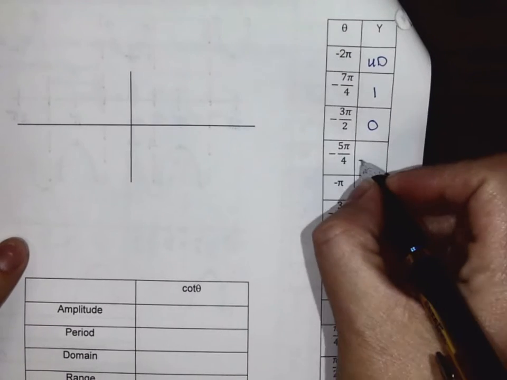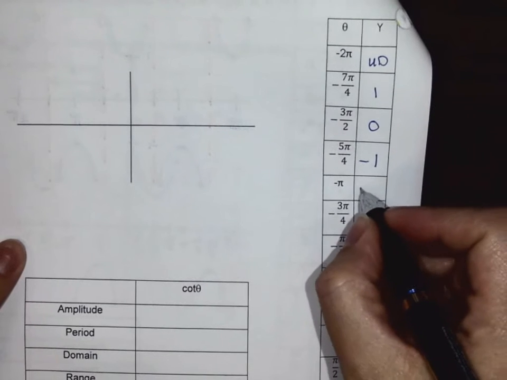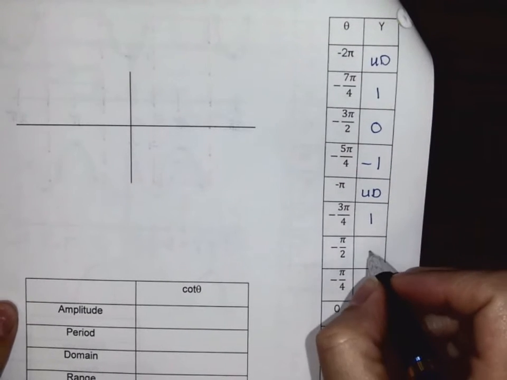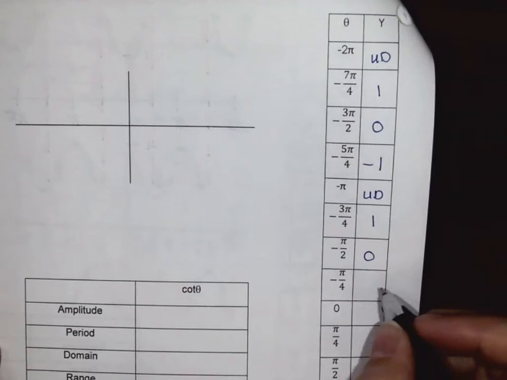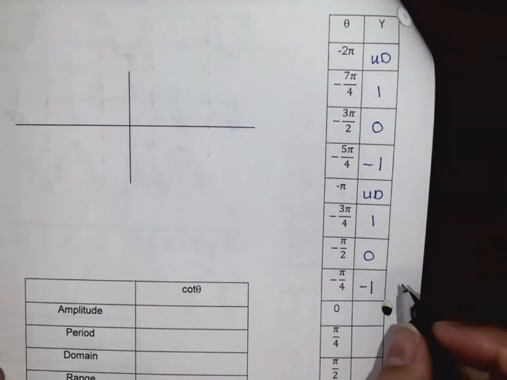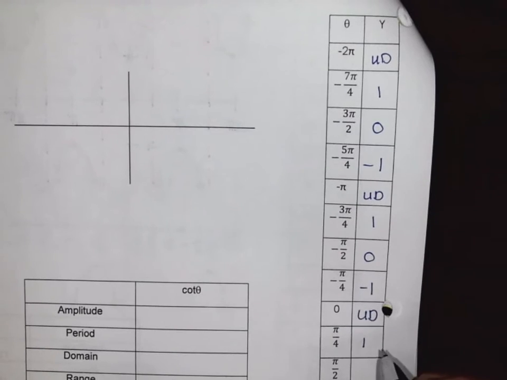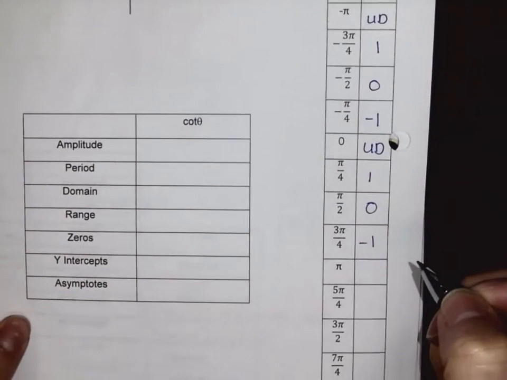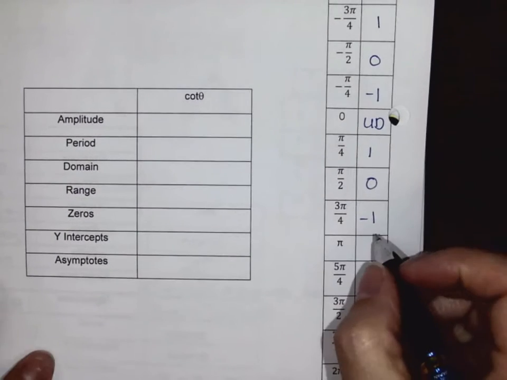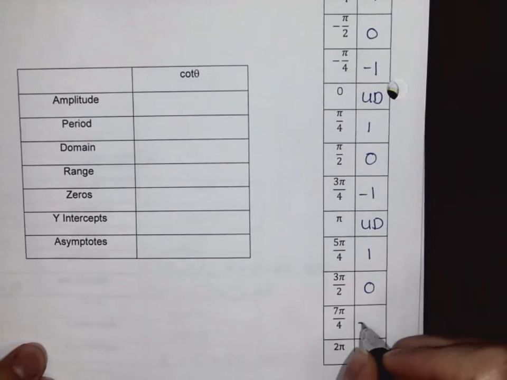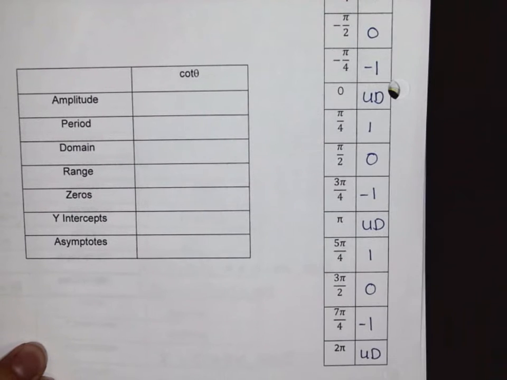So if it's -1, it's still -1. 0 becomes undefined, 1 stays, undefined becomes 0, -1 stays, 0 becomes undefined, 1 is 1, 0, -1, oh, I'm off the chart, sorry, I'm just doing my table, I'm not even paying attention. Undefined, 1, 0, -1, undefined.